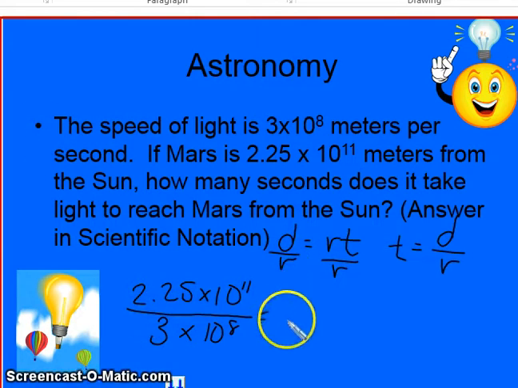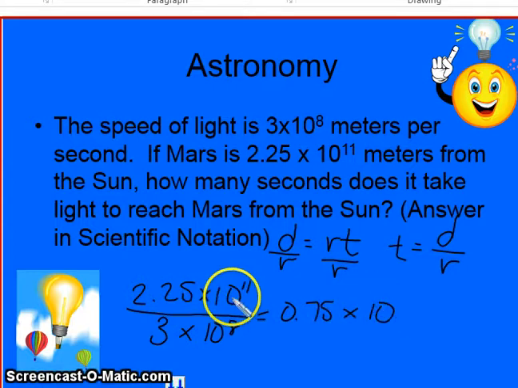That comes out to 0.75. Now we have 10 to the 11th divided by 10 to the 8th, so we subtract their exponents. 11 minus 8 is 3. So we have 0.75 times 10 to the 3rd.